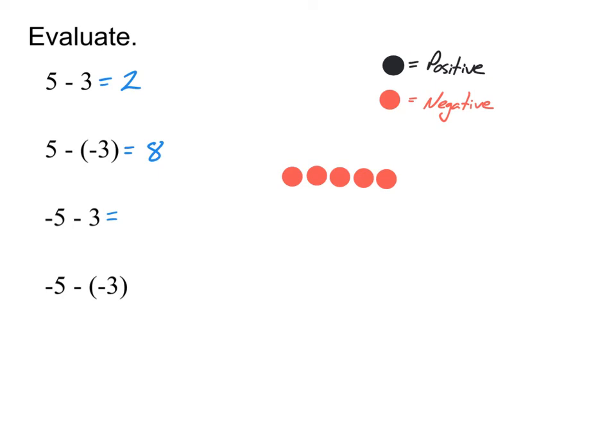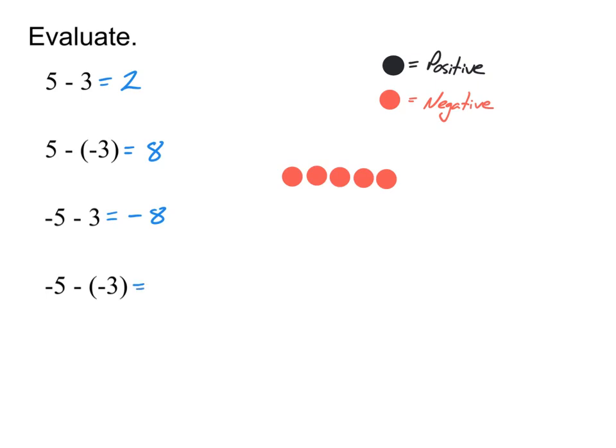So remember, 1 black, 1 red together at a time until I have a grand total of 3 positives sitting on that board so that I can take them out. So now that I have 3 positives on the board, I can subtract out those 3 positives. And having done that, notice that I now have a grand total of 8 negatives sitting there on the board, which then means that negative 5 minus 3 is negative 8.